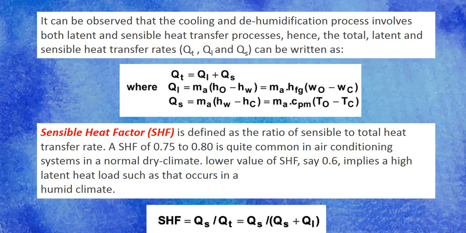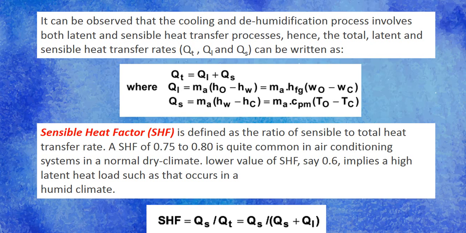So in thermodynamics, your H sub fg in some other texts is actually equivalent to the difference between the saturated vapor enthalpy and the saturated liquid enthalpy, or this is your lambda, the latent heat of vaporization, the change from vapor to liquid. And then we just multiply it with the mass flow rate of air again. By the way, this MA here is the mass of dry air times the humidity, initial and final.